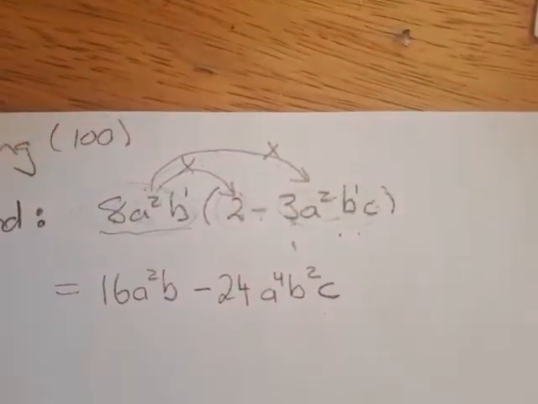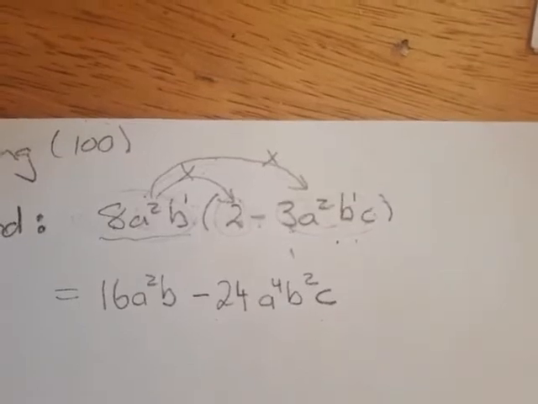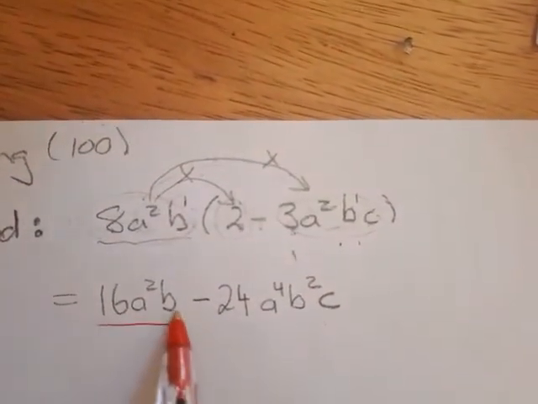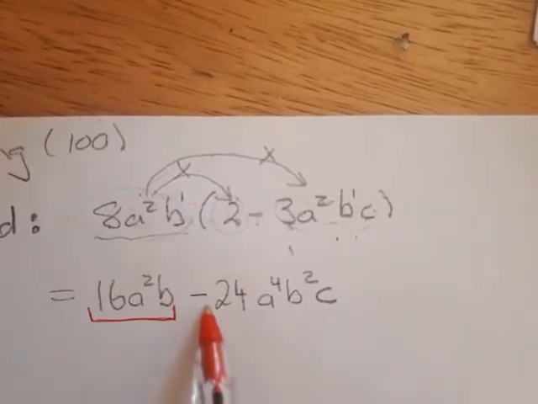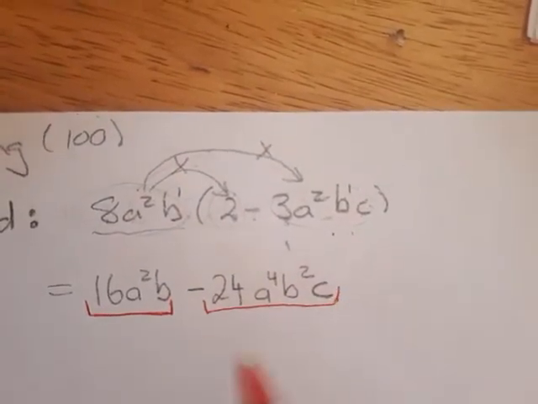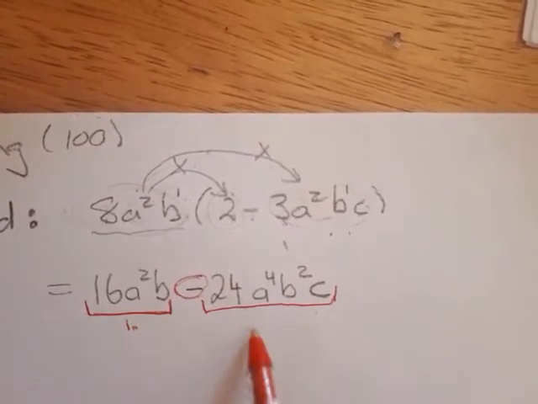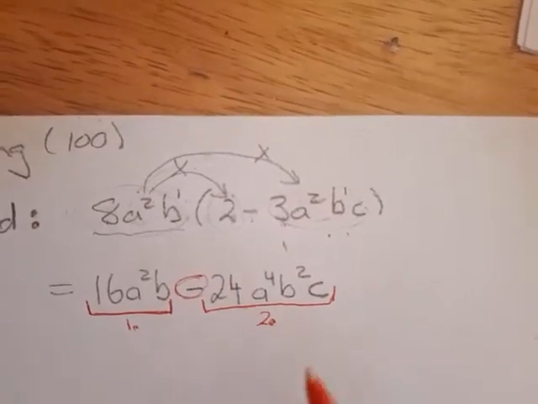Okay. Now what I want you to understand before we go on to factorization: if you look at your answer here, people, you've got 2 terms. Remember, terms are separated by plus and minus. So that's the first term and that's the second term.